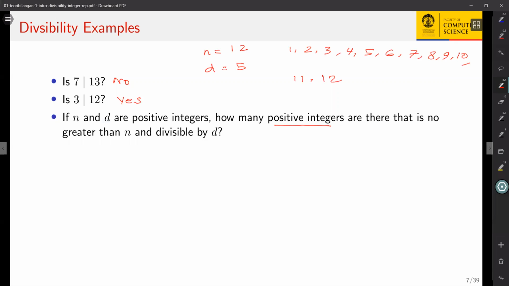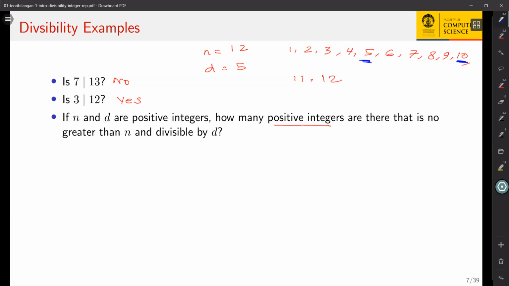Correct. So 5 is divisible by 5. And 10, correct, is also. Do we only have 2 here? Is there any other number? No, sir. No, right. So only those 2.